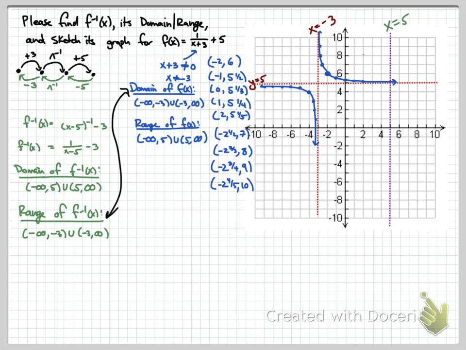So we've got that domain range relationship again. Not only that, if our original had a vertical asymptote at x equals -3, our inverse will have a horizontal asymptote at y equals -3.